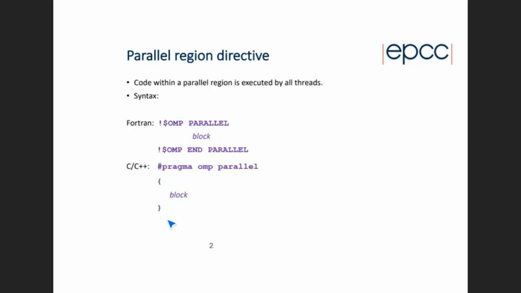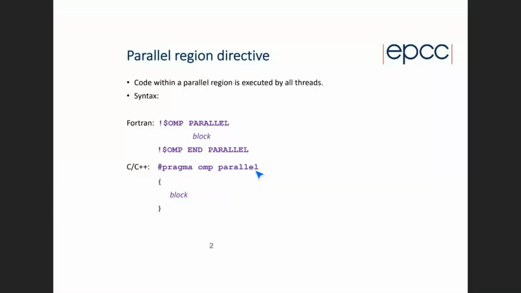The other thing that's slightly unfortunate is that you cannot put the opening curly brace on the end of the parallel directive line. The reason is that the code has to parse correctly as C code without the directive.